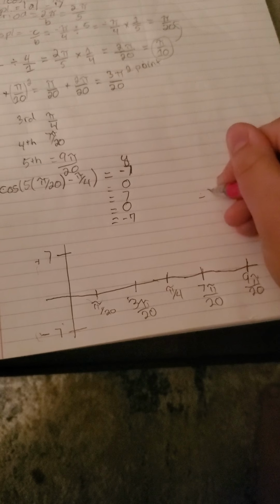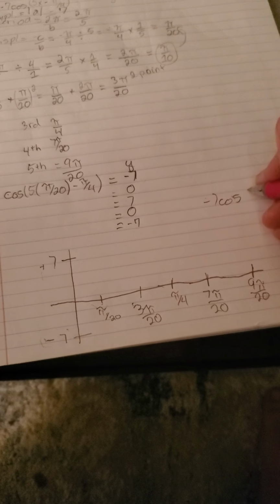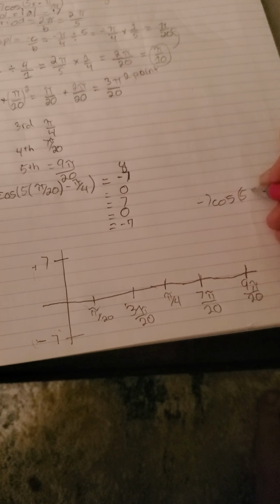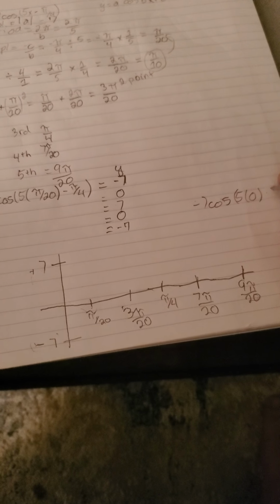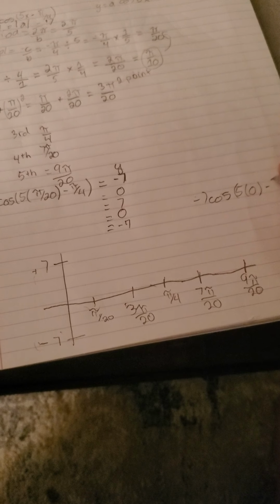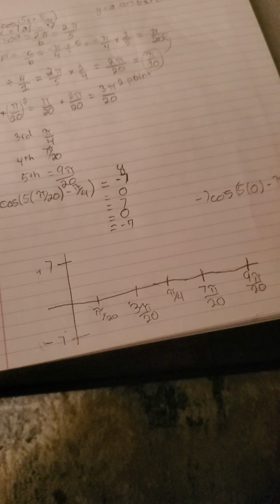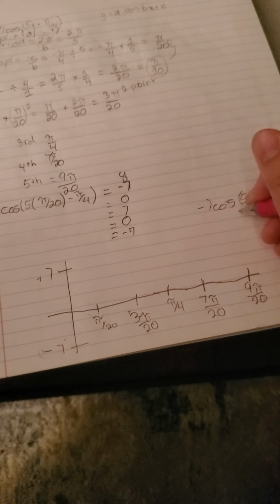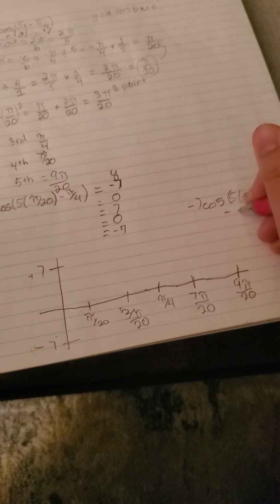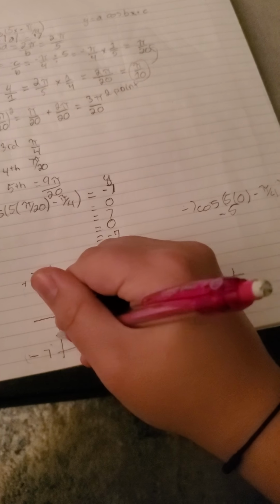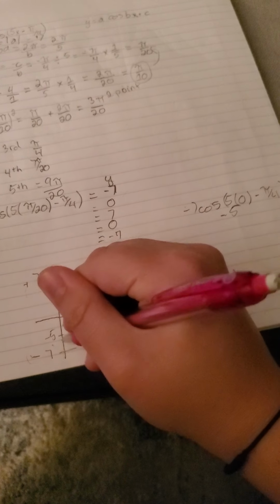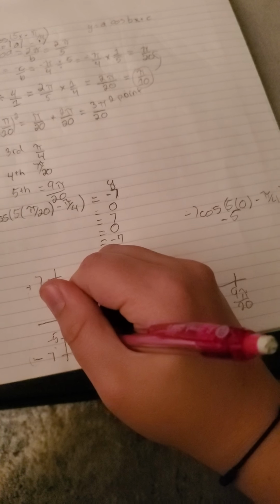So I did negative 7 cosine of 5 times 0 minus pi over 4. And so that gave me, just by rounding, negative 5. So our line is going to cross over at negative 5.